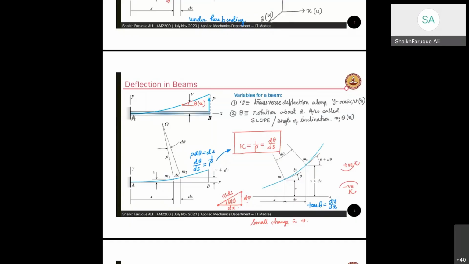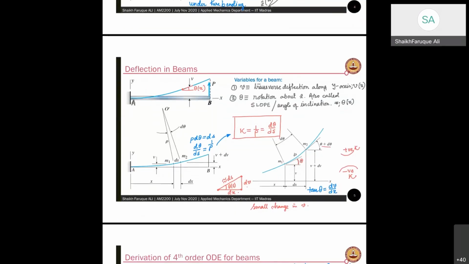This is my theta, and this is theta plus d theta. So my tan theta is going to be dv by dx. For a small change in v, we are looking at linear.